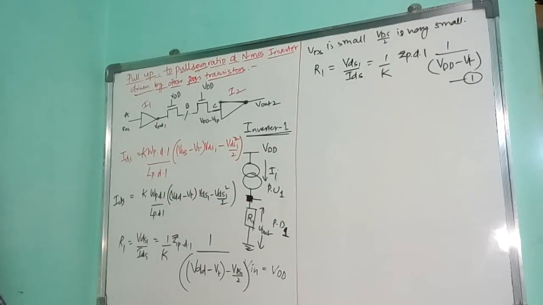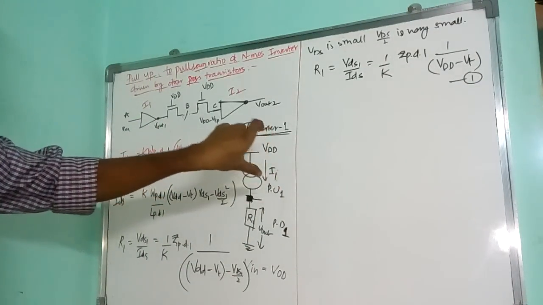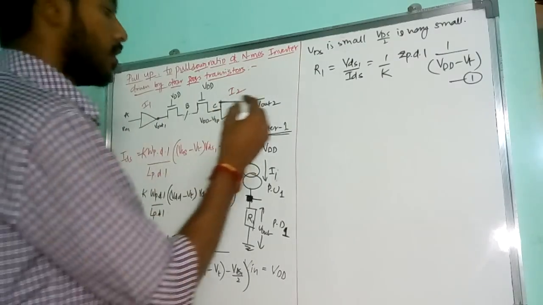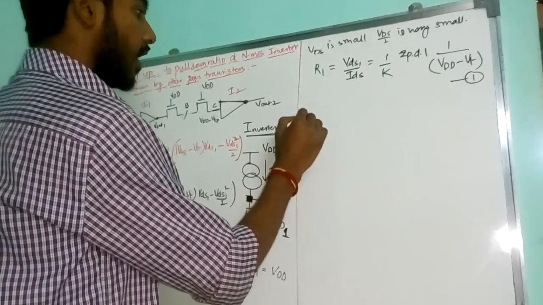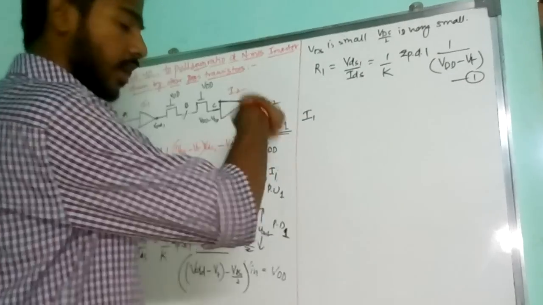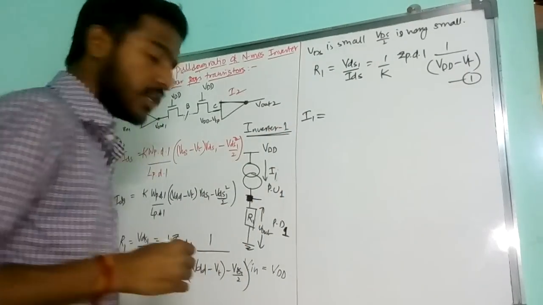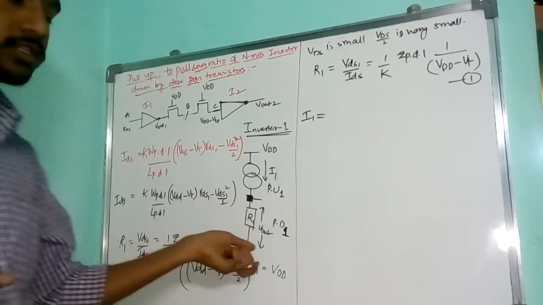Now coming to the pull up transistor of the first inverter. The current flowing is I1. As I already mentioned, the same current flows in this also.